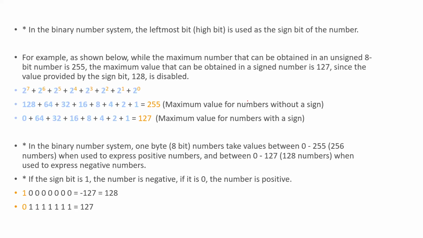And this is quite important in signed numbers. We are assigning this bit as a sign bit, so it can define the positivity or negativity. In that case, if you have 8 bits, you will get this maximum.